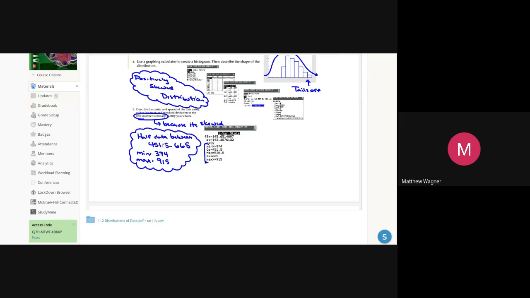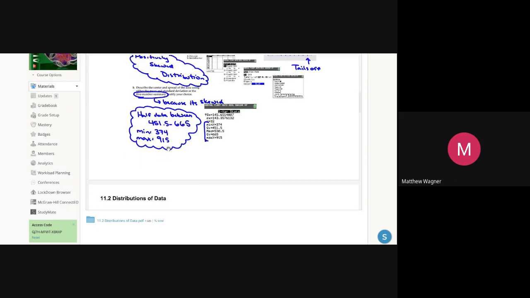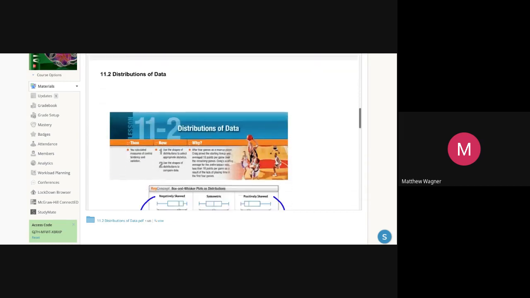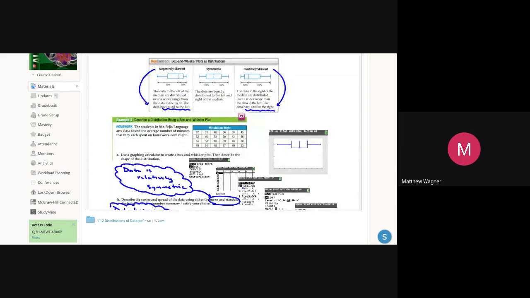Really super easy explanation in terms of how that works. You're just reading the data, basically. You don't have to go into some higher level analysis. It's just state what you see. The second type of distribution display you're going to look at today is a box and whisker plot.